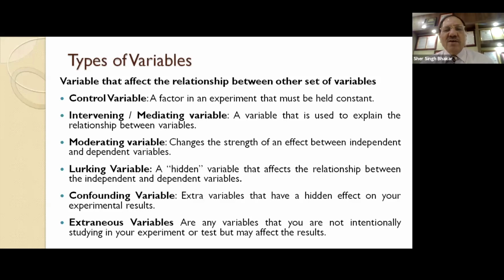Next is the intervening or mediating variable. Now, in the example that I had given, quality affects satisfaction and satisfaction affects loyalty. They are on a continuum, one line. The first variable is perceived quality, the second variable is satisfaction. Quality affects satisfaction, satisfaction affects loyalty. In this case, satisfaction can be considered a mediating variable.